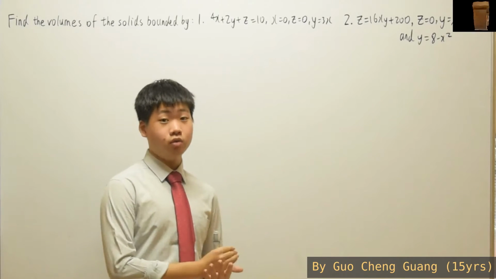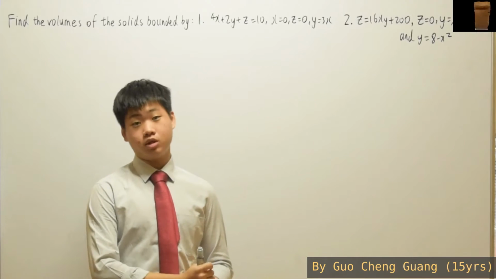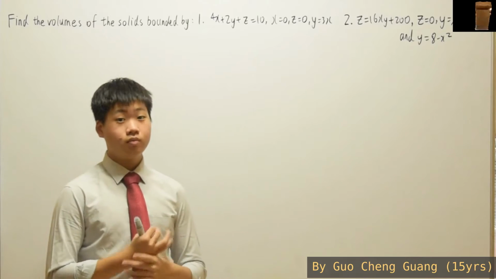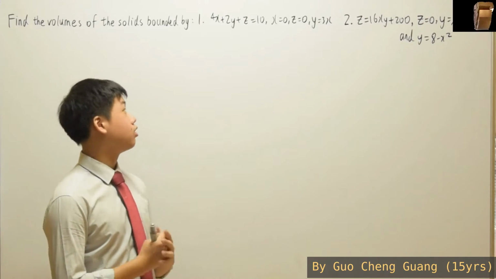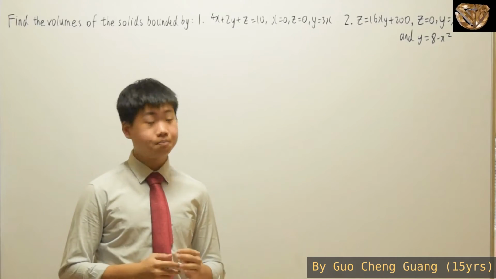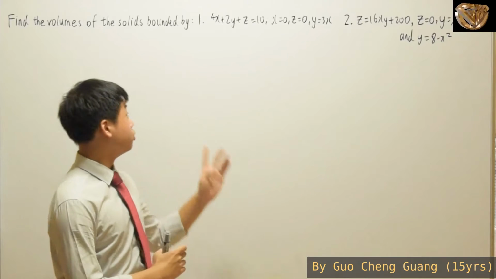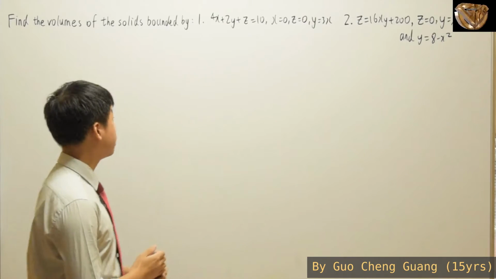To find the volume, you can use double integration. The integral of this double integration depends on where your z reaches, or on what kind of solid you get. But since in this case z is from 0 to that function, it can be our integrand, alright?